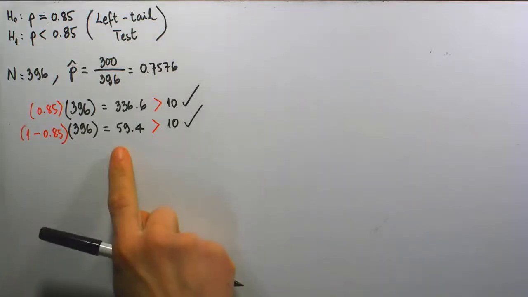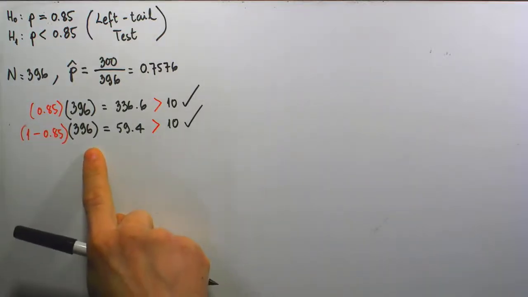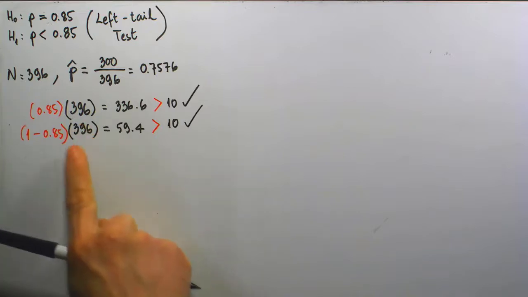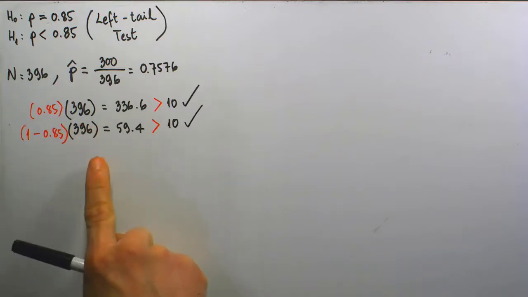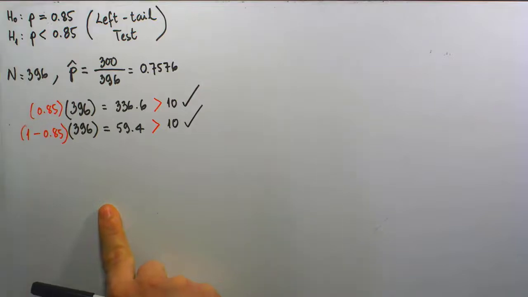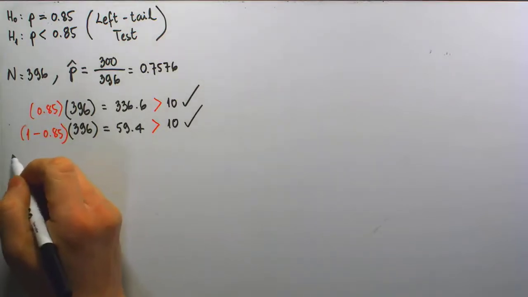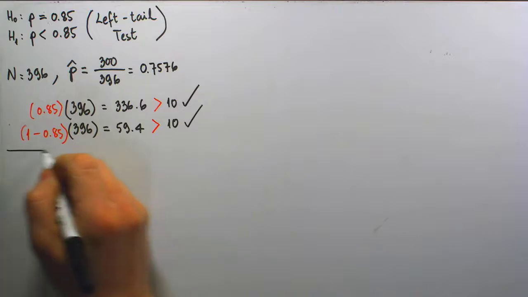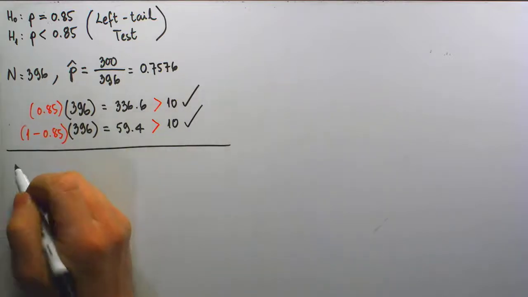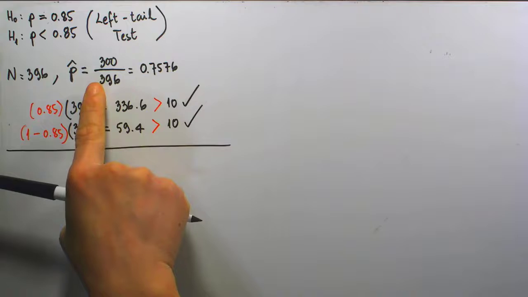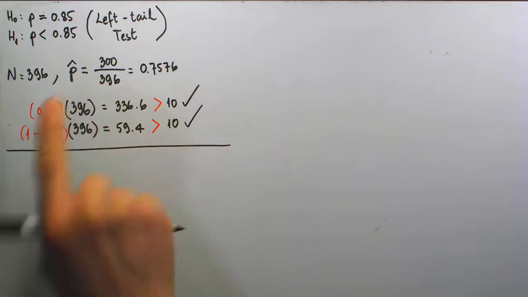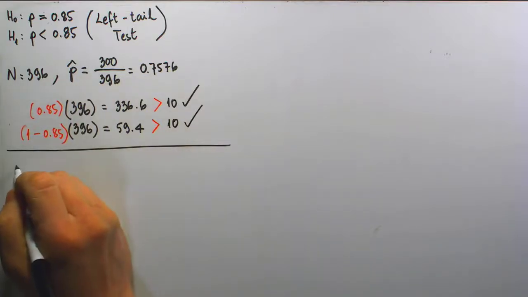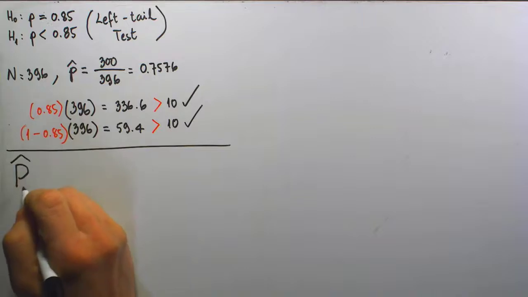So now upon realizing that our sample size has passed the two requirements, we are now ready to advance to the next step of the testing hypothesis problem here. So this next part is something to be aware of. Our sample proportion that we're using here is only one value of all sample proportions at size 396 existing out there.